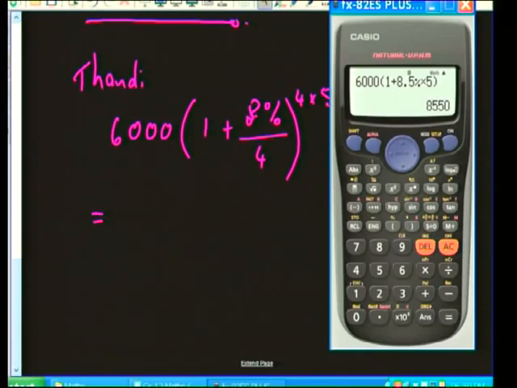Up comes the calculator. Okay, so we got our 6,000 Rand, our principal, the amount we started with. And thank you, Casio, for a fraction button. You're amazing. And it's going to be to the power 4 times 5. And if you can't do 4 times 5, you can actually put 4 times 5 into the calculator. It'll do it for you. And out pops the answer.